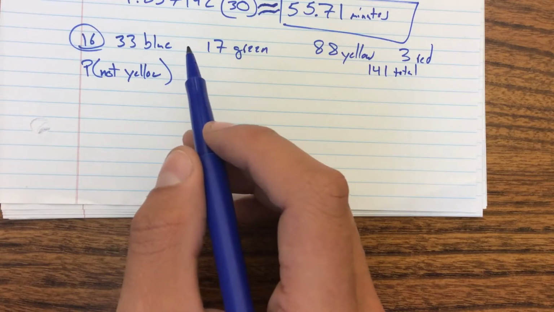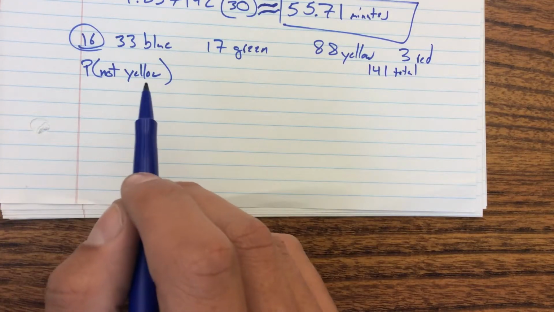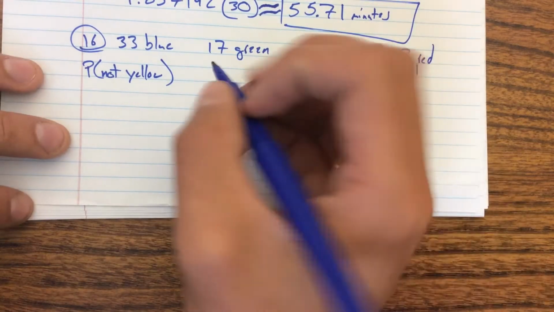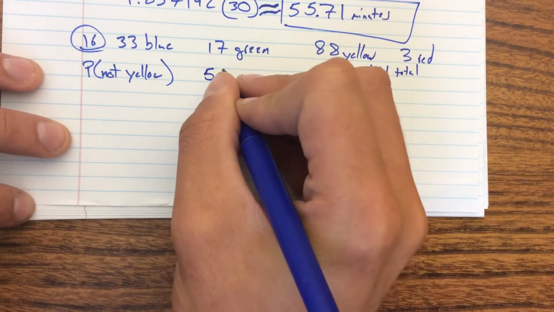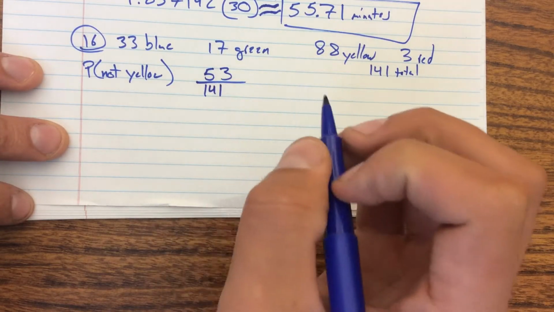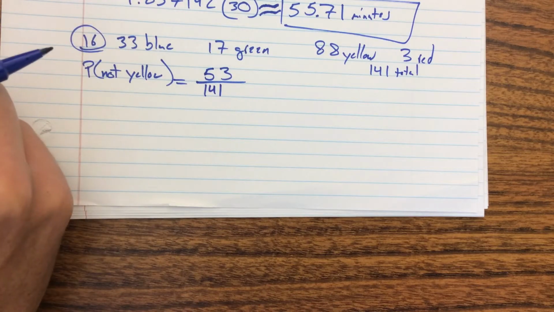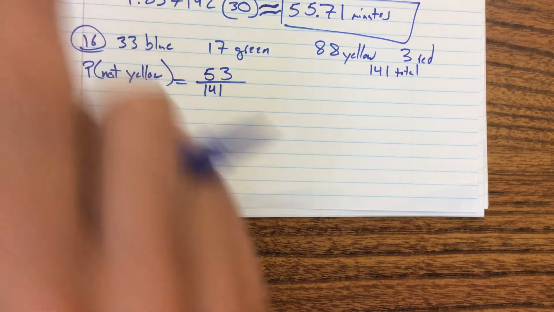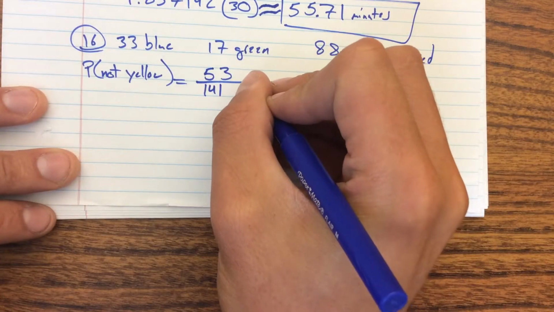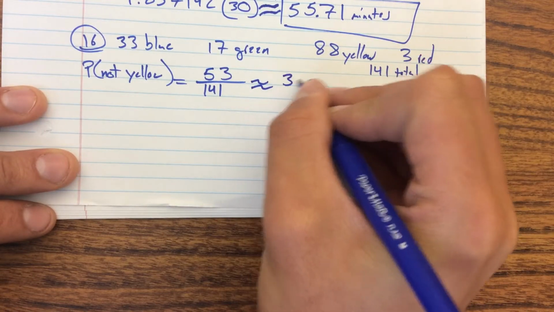So I have 33 blues plus 17 green, that gives me 50, plus those 3 reds gives me 55. Oh, sorry, excuse me, 53. And I'm going to divide that by the 141 in total, and that's the probability of not yellow. Just so that we actually know what it is as a percent as well, we're going to say that's about, and again I'm rounding here, about 37.59%.